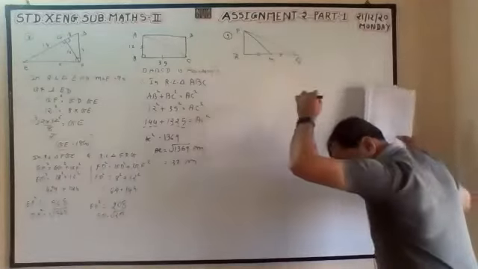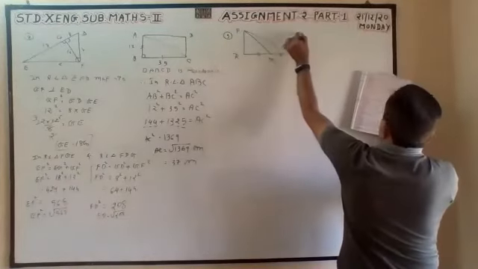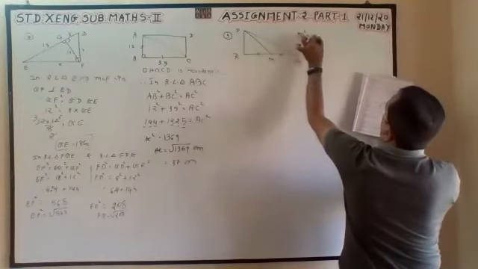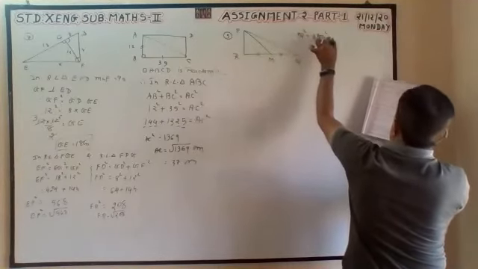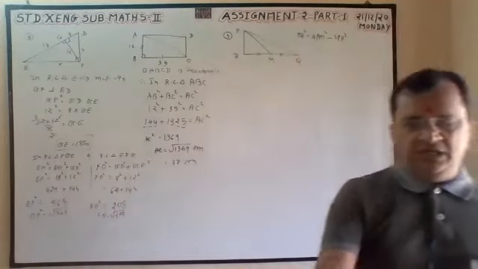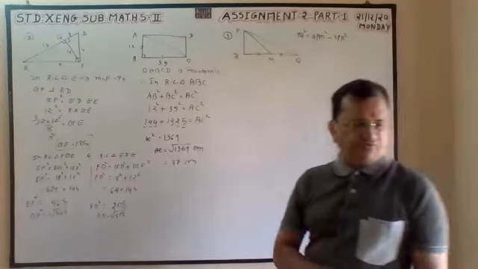We have to prove P square 4PM square. There are two types of proof.